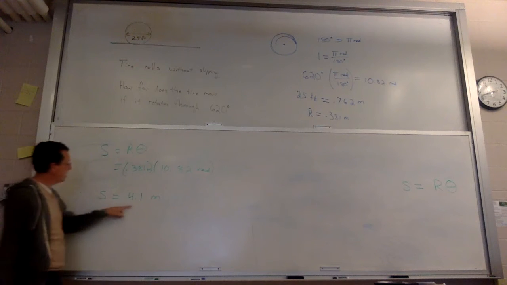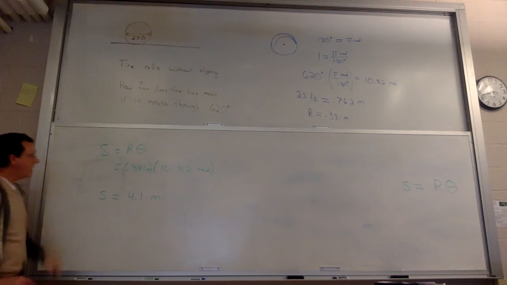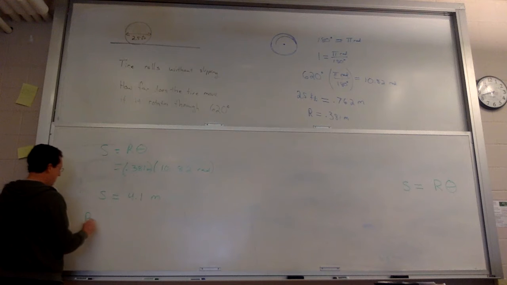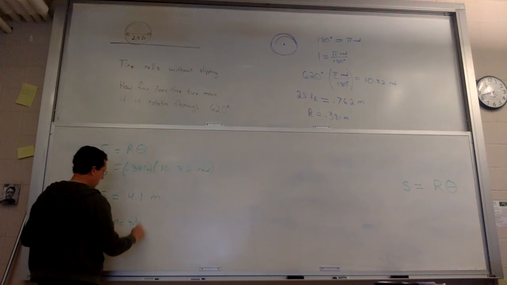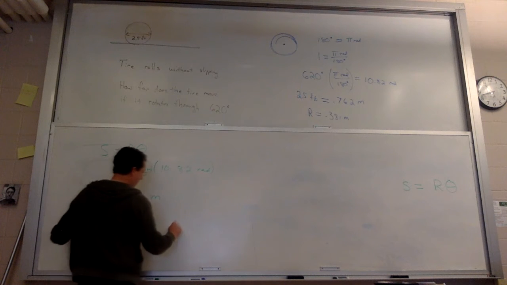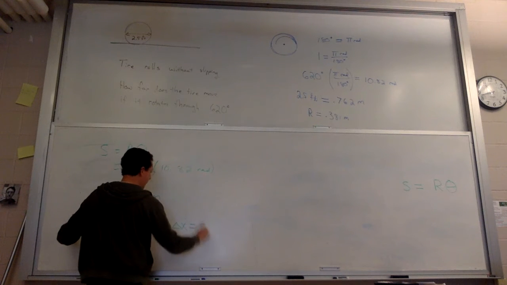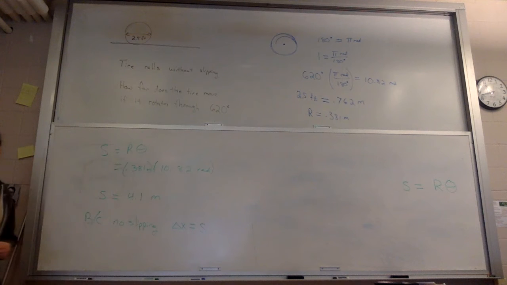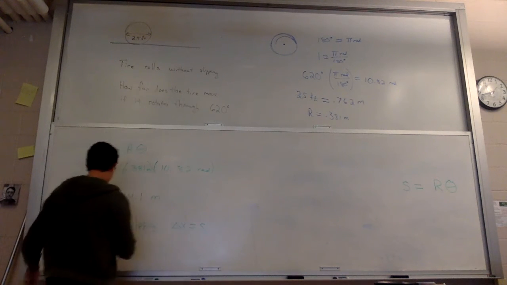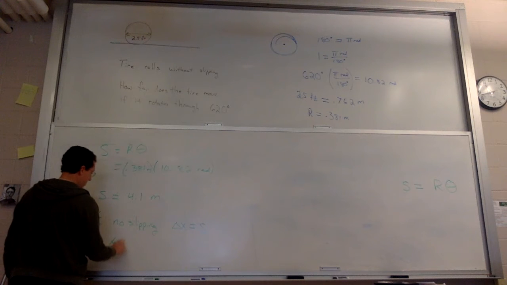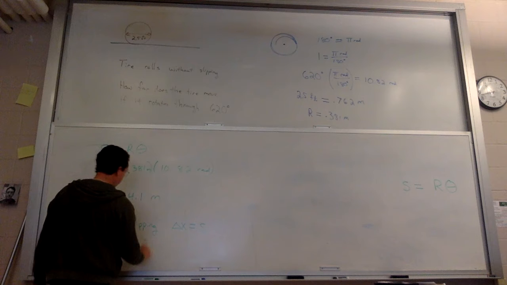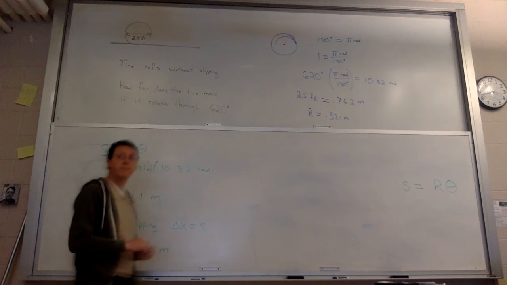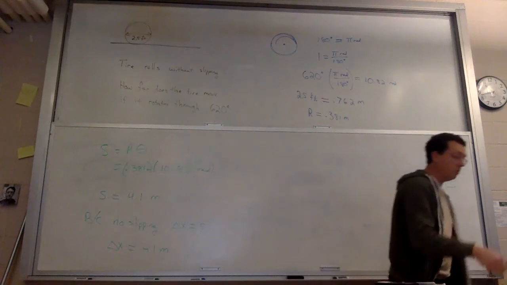So the arc length is 4.1 meters. And then because of no slipping, I get that delta x equals s. That's what the no slipping condition applies. So therefore, the circle travels through 4.1 meters. Okay, that's how that goes.